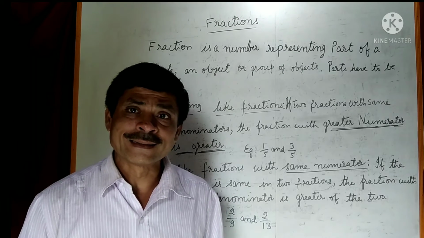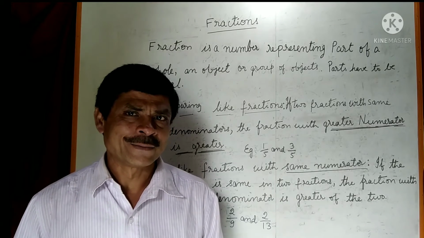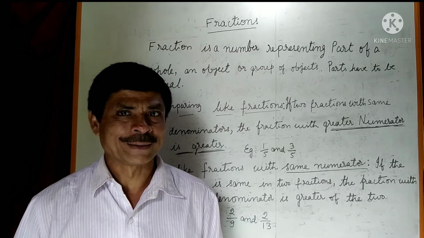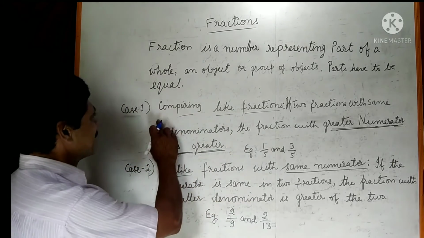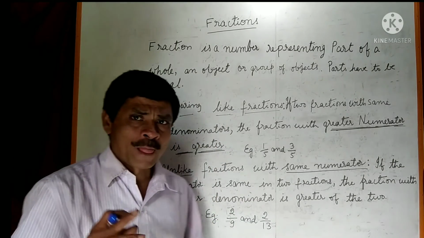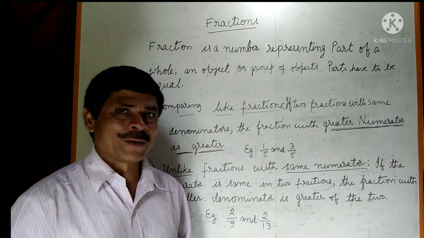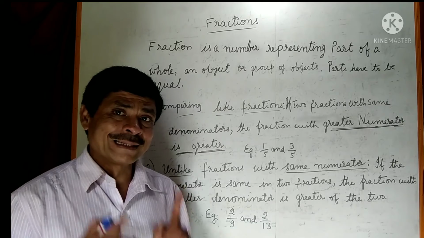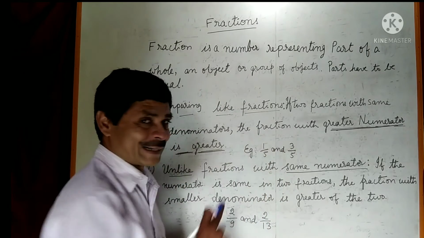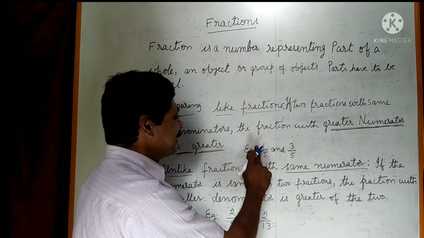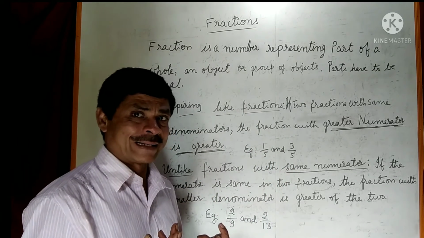Now let us learn to compare the fractions, which is greater and which is smaller one. Okay? Now there are three cases. In first case, in like fractions, the denominator of the fractions are equal. In such a case, we have to see the numerators. The fraction which is having greater numerator is the greater fraction. Okay?